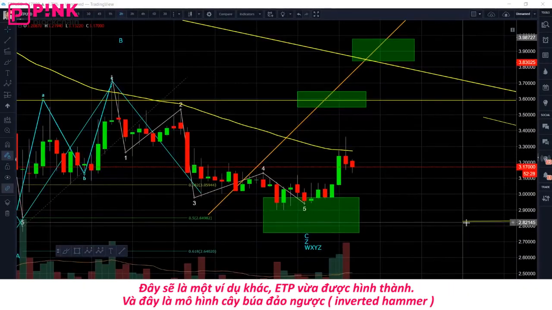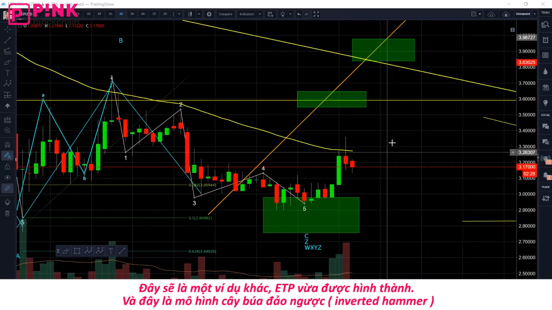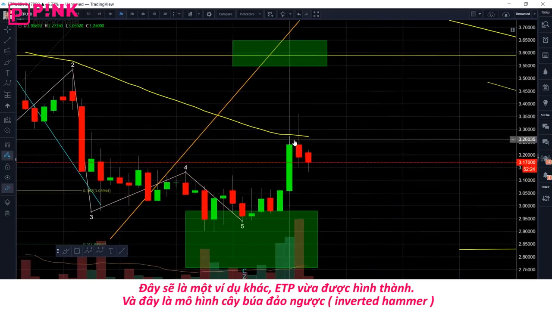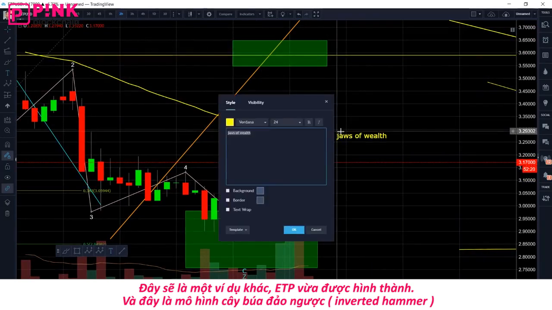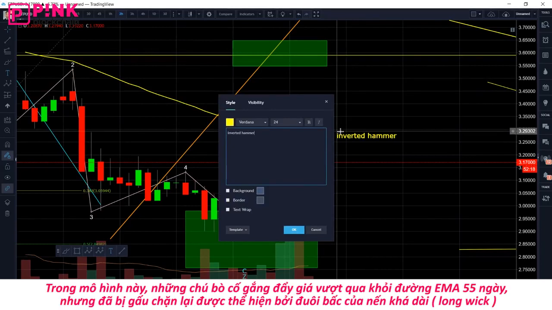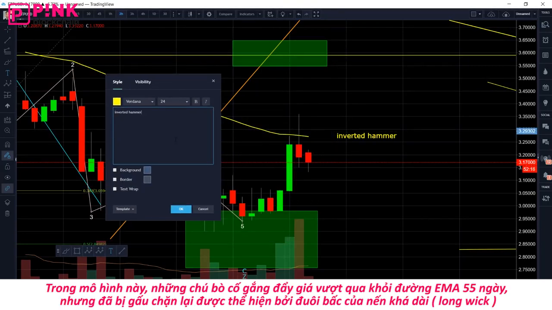Okay, here's a really good example, all right? This is ETP that has just formed, right? This one here is called an inverted hammer. So the market psychology is this, okay? The bulls attempted to push it past the 55 EMA, but was rejected by the bears, shown by the long wick.